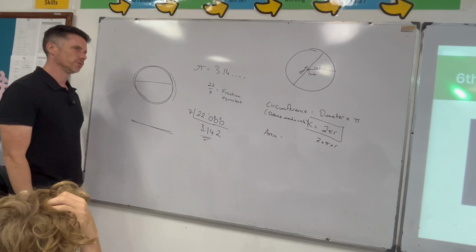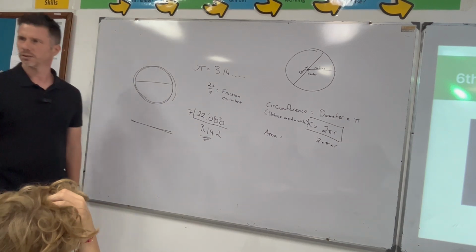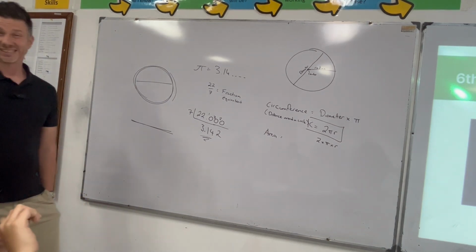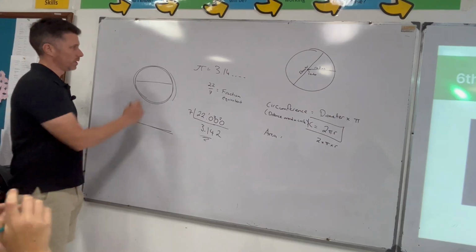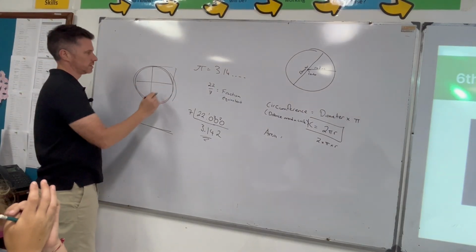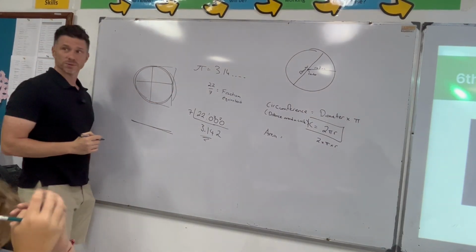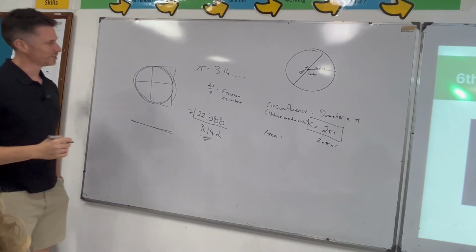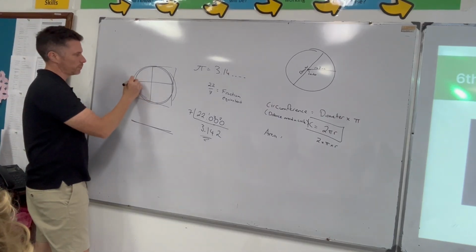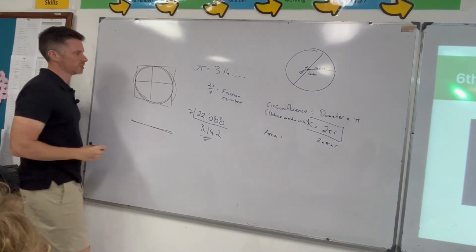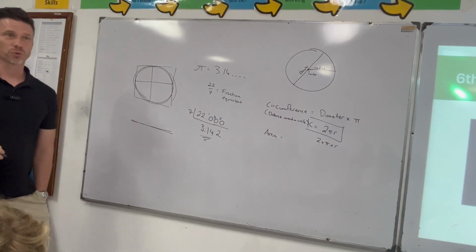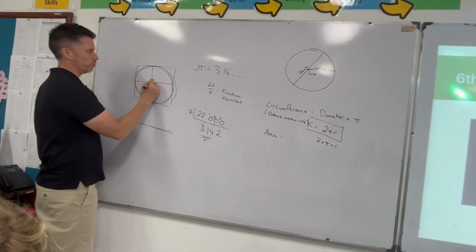Can you remember what the area was? We did this already. How do we get the area? Remember I looked at some squares. It is pi times radius squared. One simple way of looking at it is if I split this circle into 4 squares, what's the area of one of these squares?